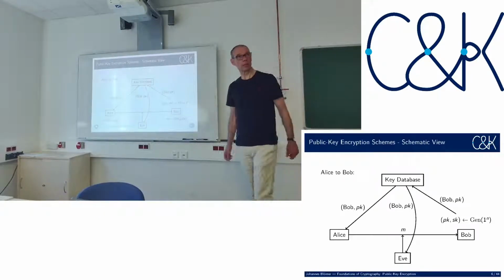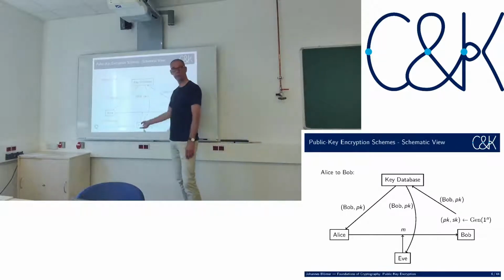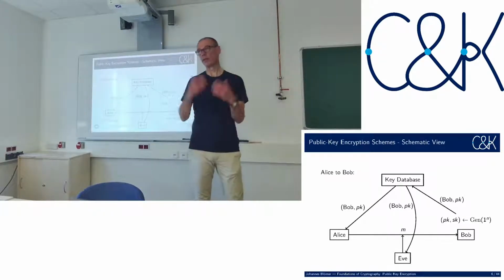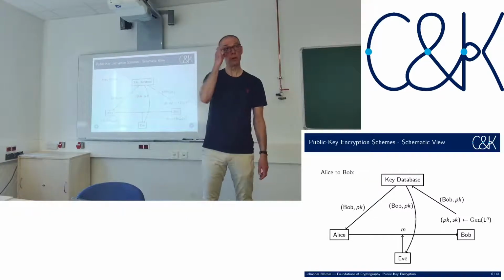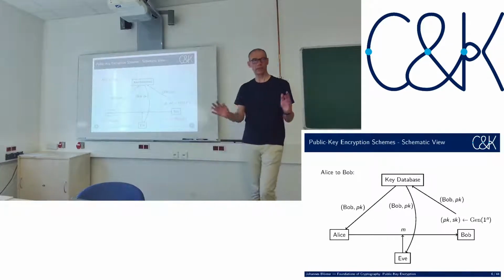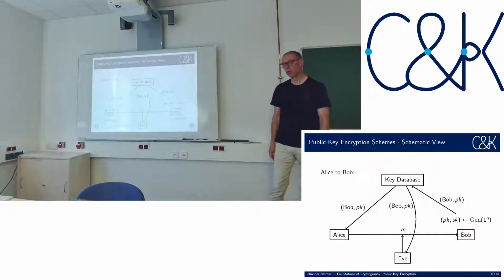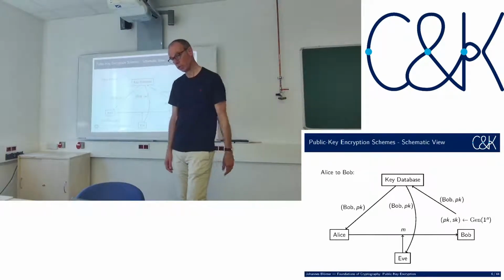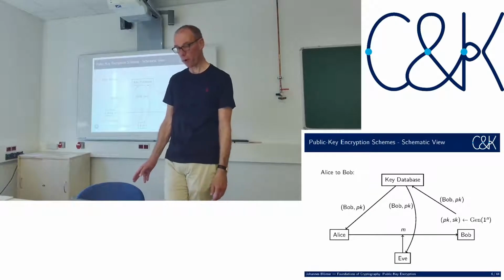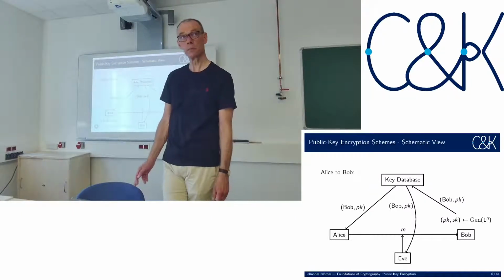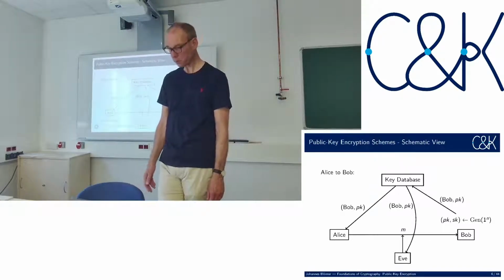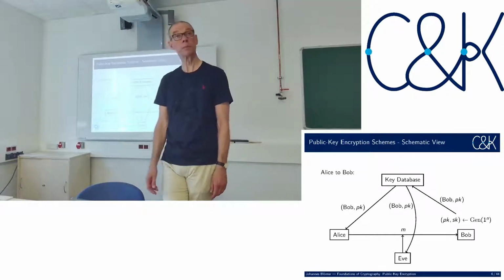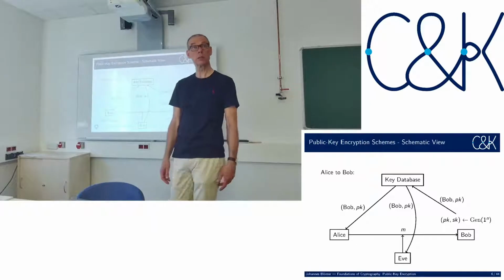Because if Eve, getting the public key, could compute Bob's secret key, then there is no confidentiality at all. Okay? So everything in terms of security will imply that there can be no efficient algorithm that computes secret keys from public keys. Okay. So far, so good.